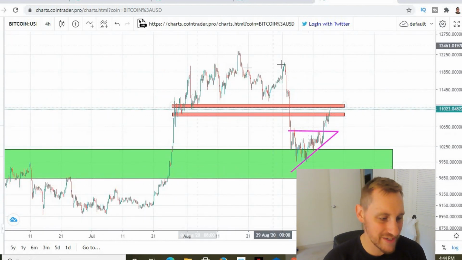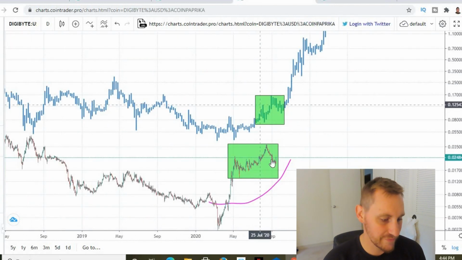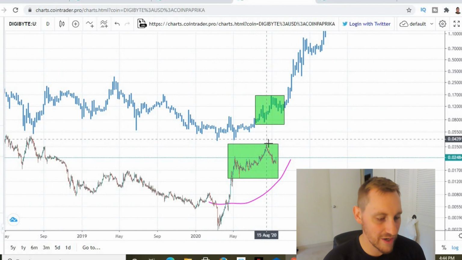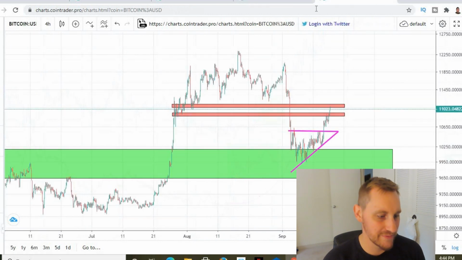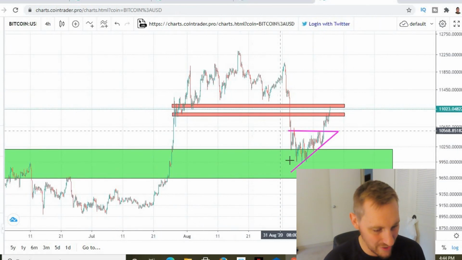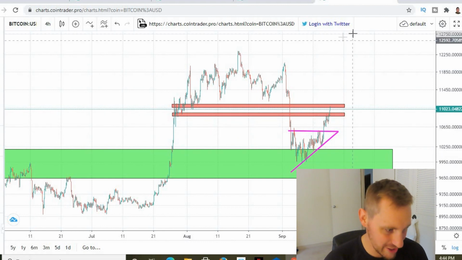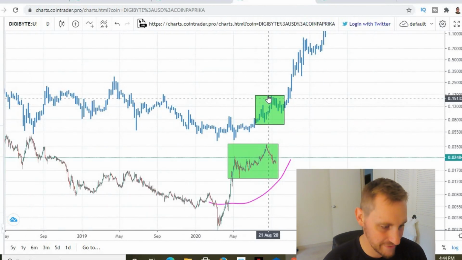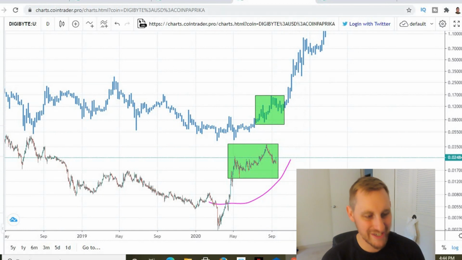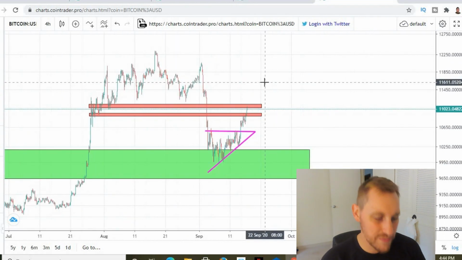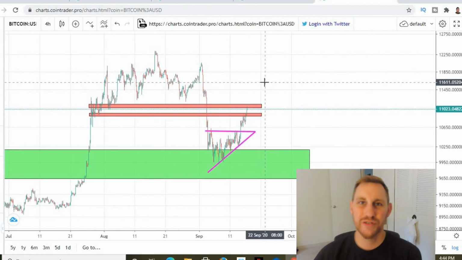Isn't this looking very similar to the Digibyte chart, right? We got this huge move up, down, and a rounded bottom up. Same thing here. Huge move up, down, and a rounded bottom up. Bitcoin and Digibyte have such crazy similar charts that I see Bitcoin continuing up just like we see in this fractal, right? We got that move down and we're continuing up. So watch Bitcoin because what Bitcoin does is usually what the altcoins do.